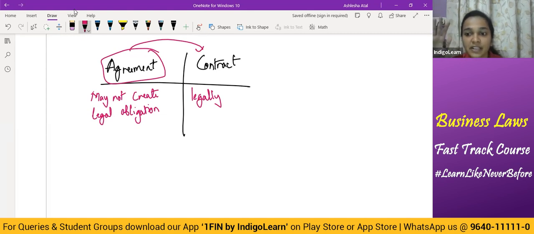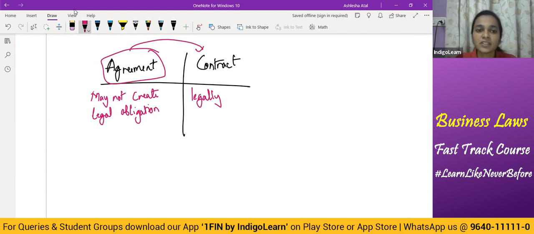So when you say that agreement is a wider term, it means that agreement includes legally enforceable things as well as things which are of social and domestic nature. However, contract includes only those agreements which are legally enforceable, and that is the reason why agreement is a wider term and contract is not.